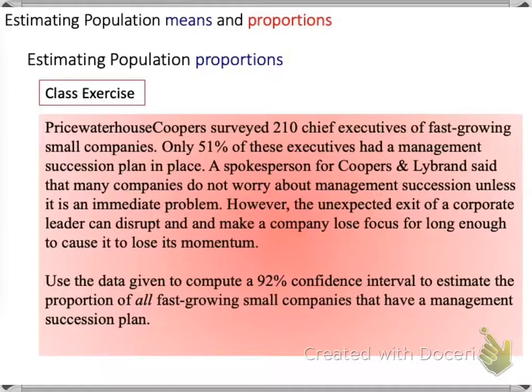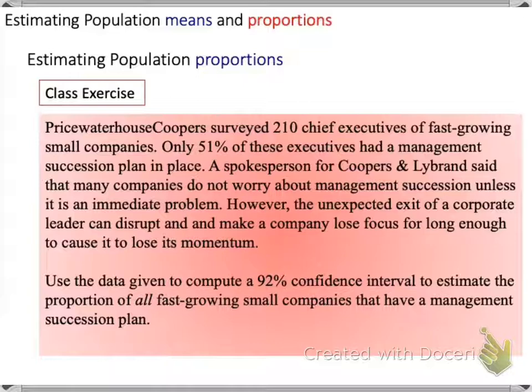So, for instance, PricewaterhouseCoopers surveyed 210 chief executives of fast-growing small companies. Only 51% of these executives had a management succession plan in place. A spokesperson for Coopers & Lybrand said that many companies do not worry about management succession unless it is an immediate problem.